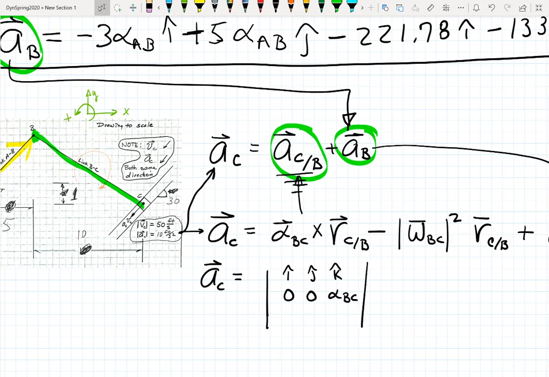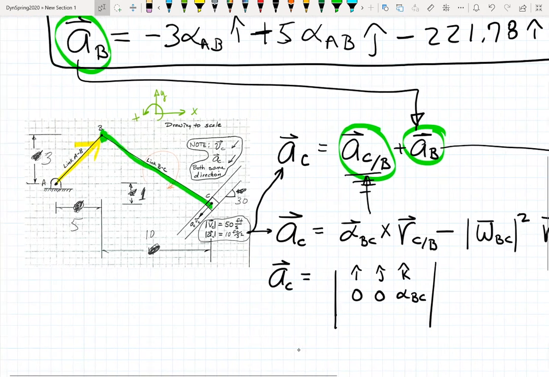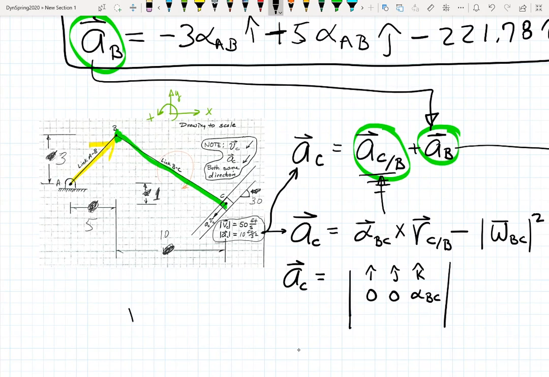Now, let's look at the term r C relative to B. It's a vector that, like we have here, points this way. In my particular case, I go out 10 and I go down. I don't just go down 3, I go down 3 and 1, or 4j.